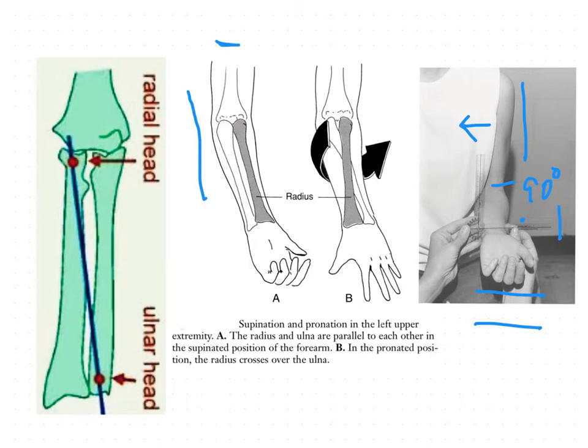Okay, and if the elbow is extended, there are concomitant movements also taking place at the shoulder joint when you do the supination and the pronation.